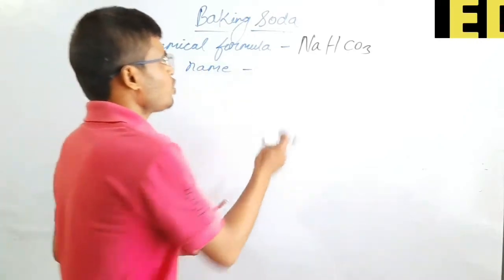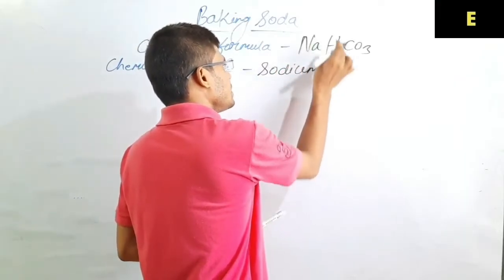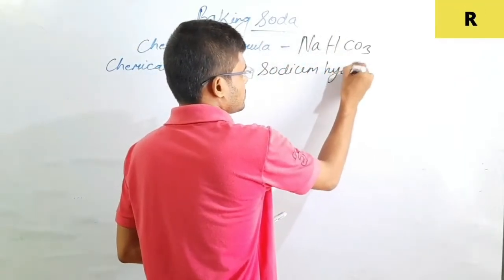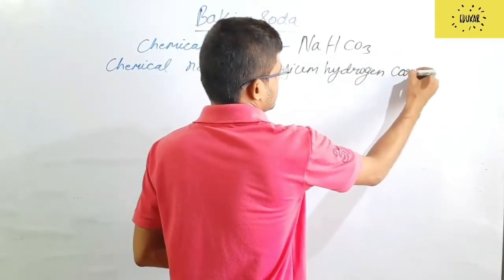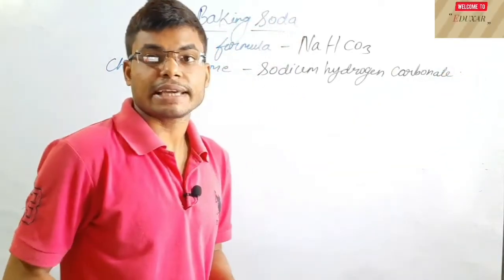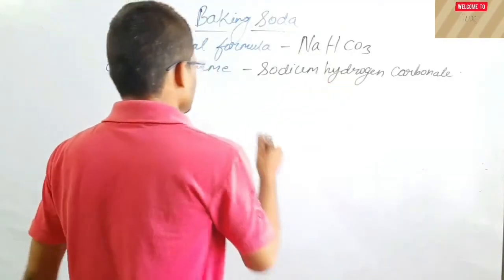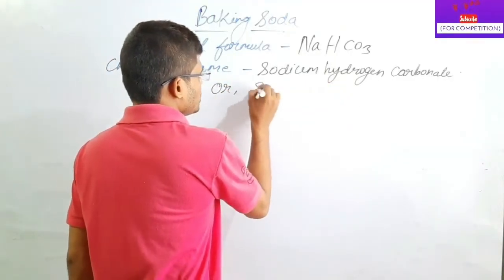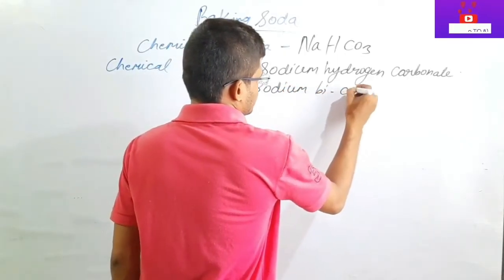Na is the sodium, H for hydrogen, and CO3 is the carbonate. Then what is the chemical name of it? That is sodium hydrogen carbonate. Its another name is also sodium bicarbonate.